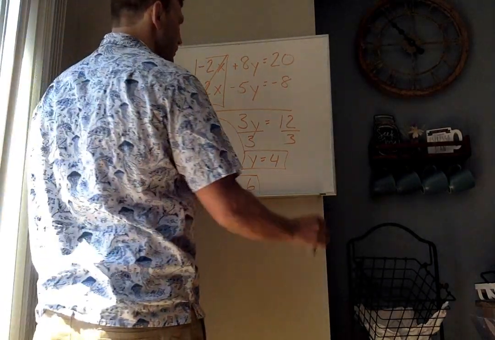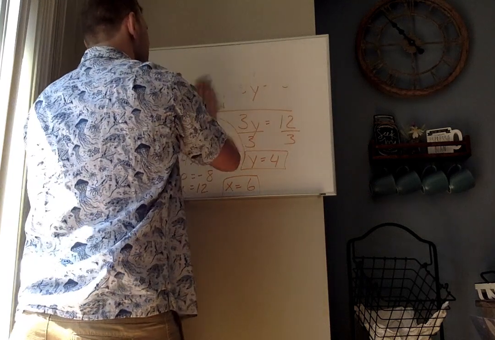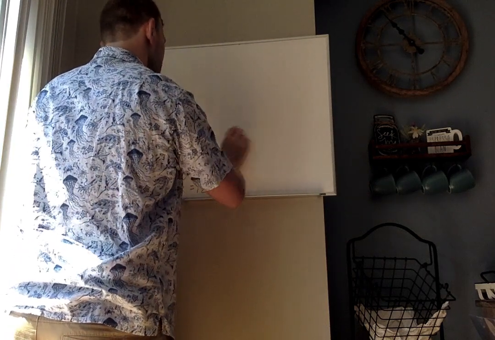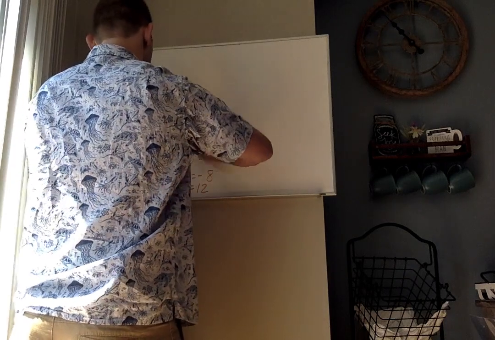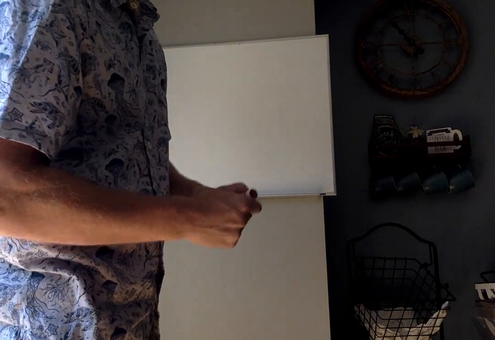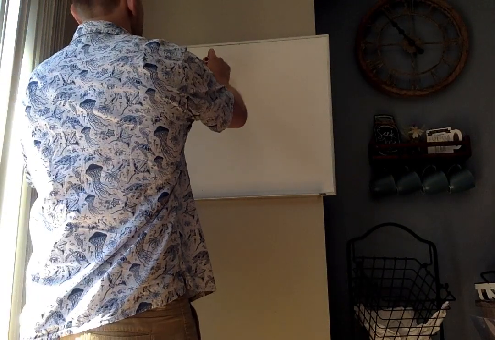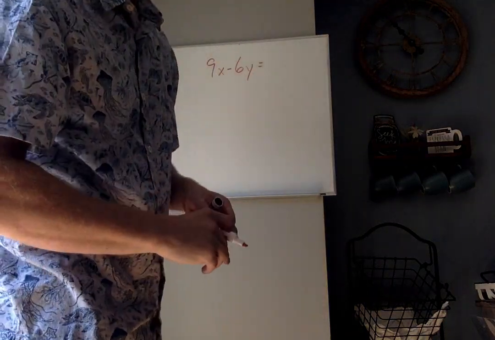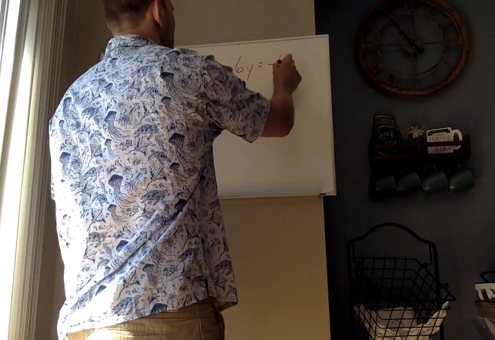All right, moving right along. So this one is 9x minus 6y equals negative 6.